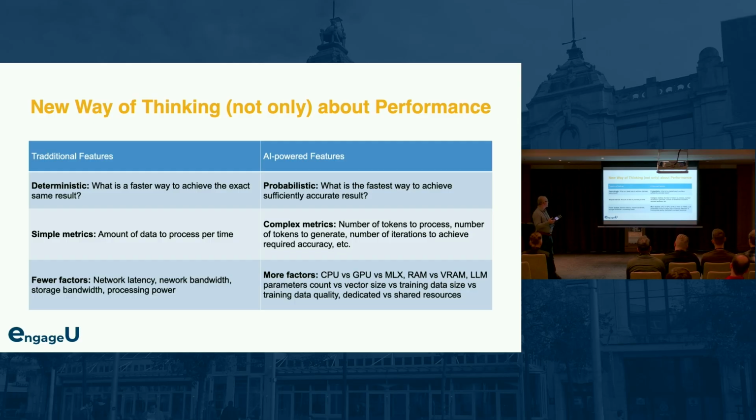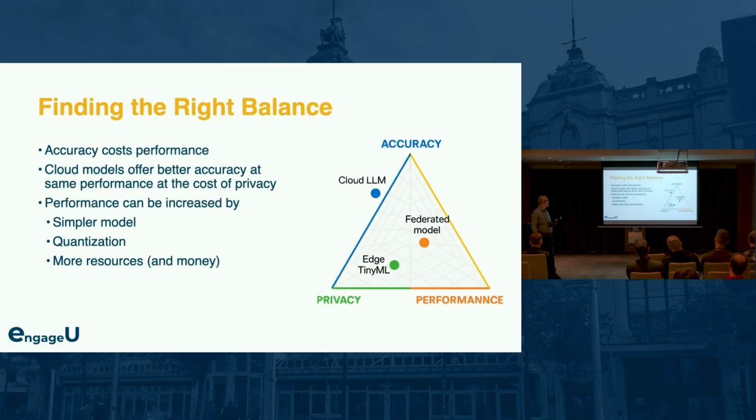But even the performance metrics are not simple, because it's not only about response time, it's about the amount of data being processed, the amount of RAM being used, measuring the embedding time versus the semantic search time, for instance. So it's a lot more difficult to compare different approaches from the performance perspective. And in the end, you have to find the right balance between accuracy, performance, and privacy.